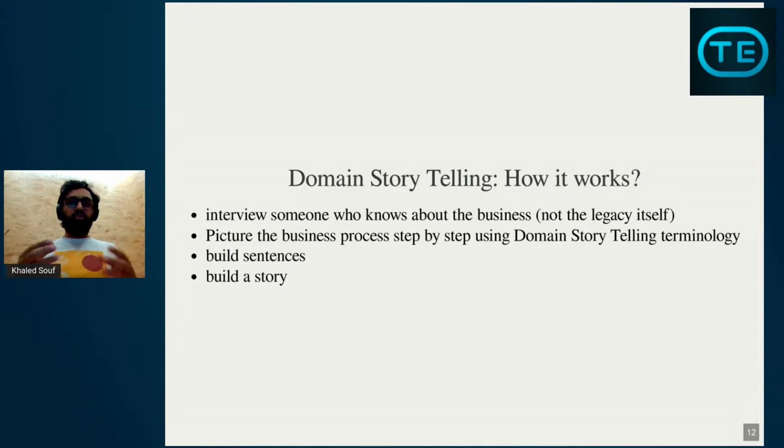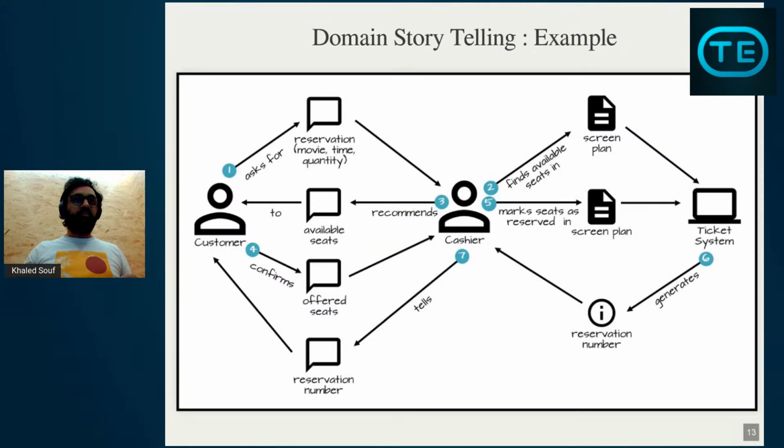So how does it look? Here is how it looks. You have a customer here who asks us for a reservation for a movie. The cashier here heard that. So he's going to try to find available seats from the ticket system. And from there, the cashier is going to recommend some seats to the customer.